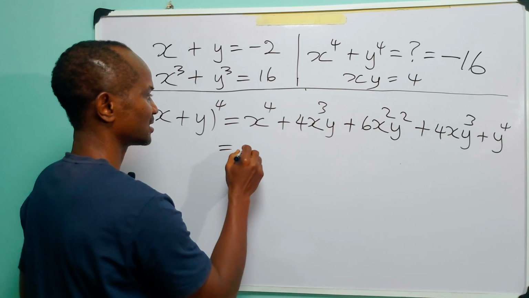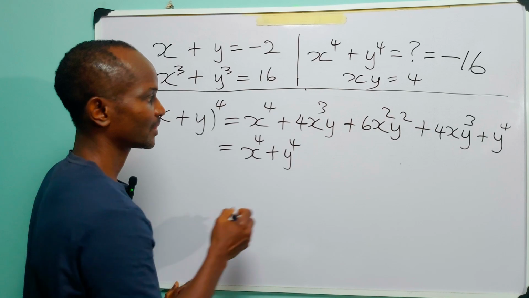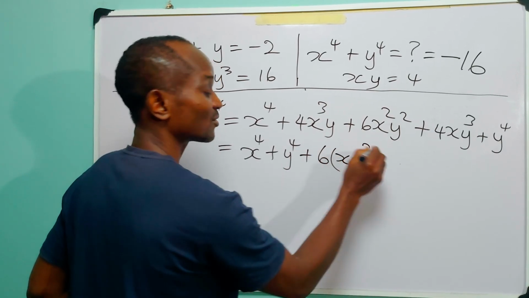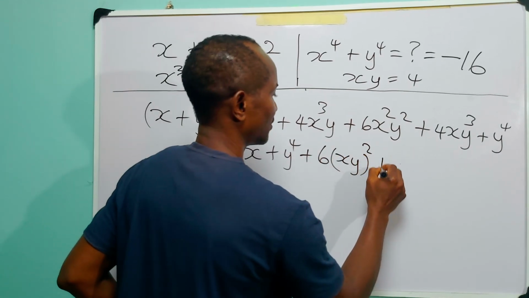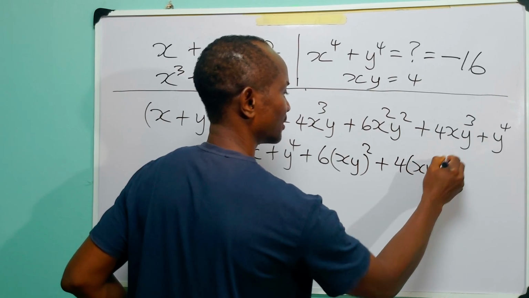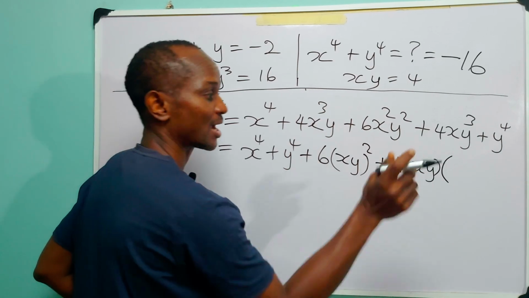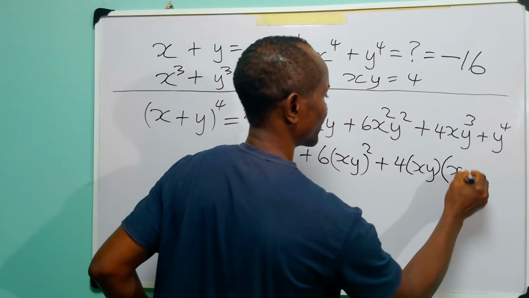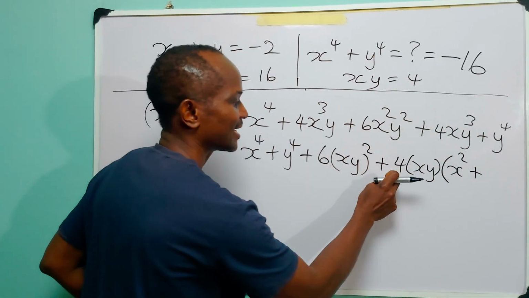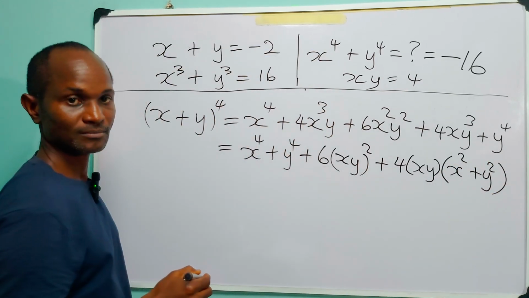Collecting terms once more, we have that this is equal to x raised to power 4 plus y raised to power 4 plus 6x squared y squared, and we can factorize this too. We can bring out 4xy. So now when 4x cubed y is divided by 4xy, what we have is x squared. And when 4xy cubed is divided by 4xy, what we have is y squared.